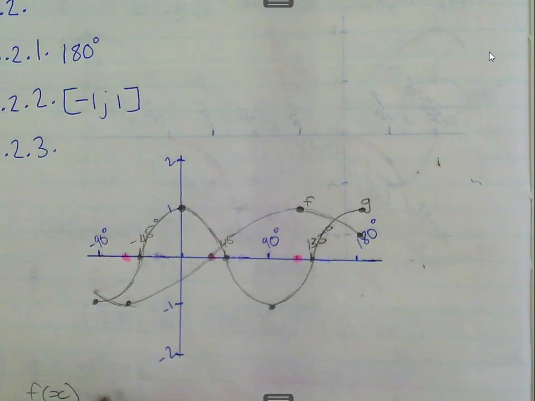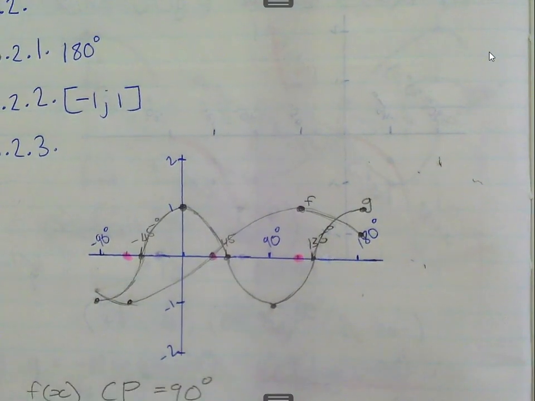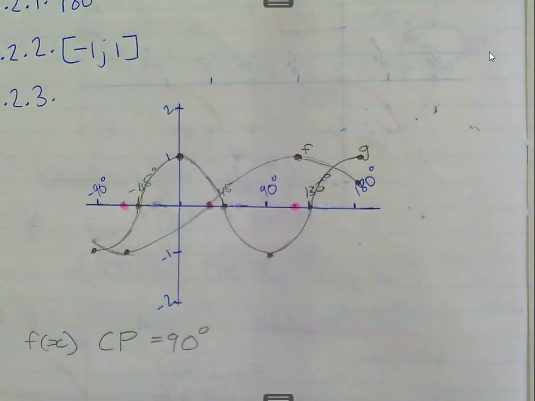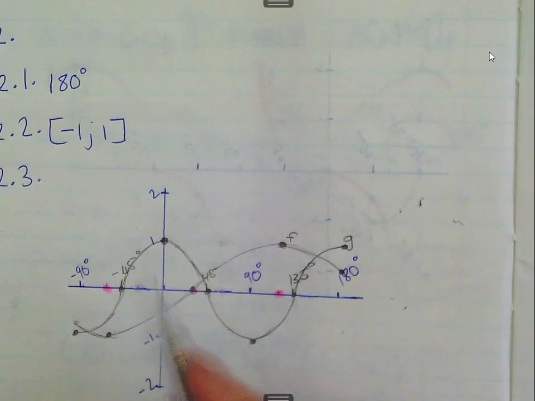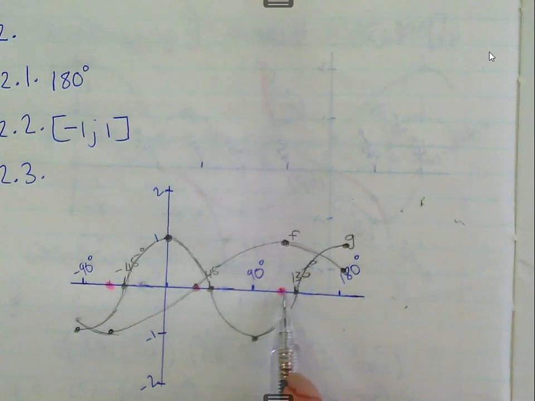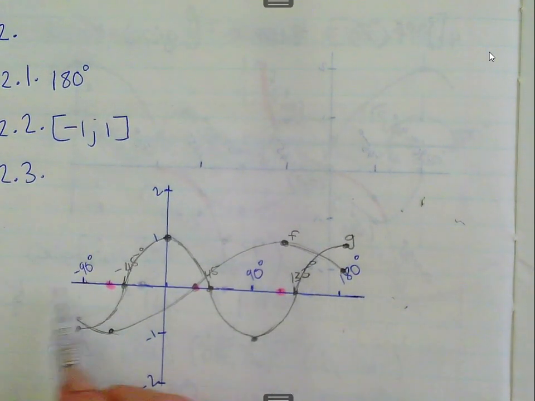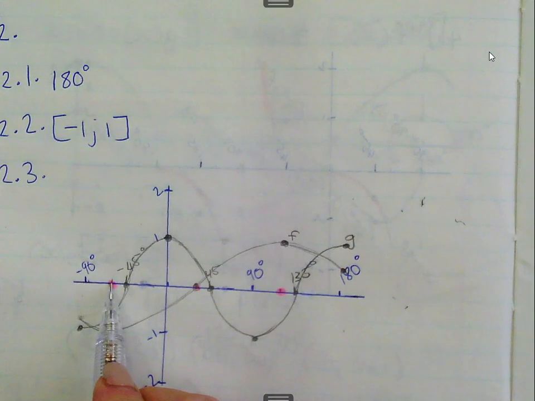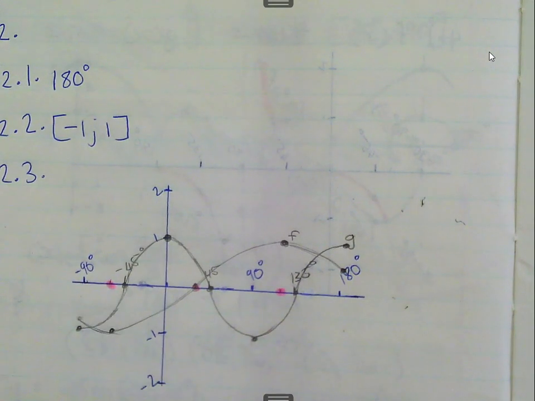I know my critical points will be 90 degrees. Okay? But the graph has shifted 30 degrees to the right. So instead of using 0, I choose 30 degrees to the right. Instead of using 90, I choose 30 degrees to the right. Instead of using negative 90, I use 30 degrees to the right.